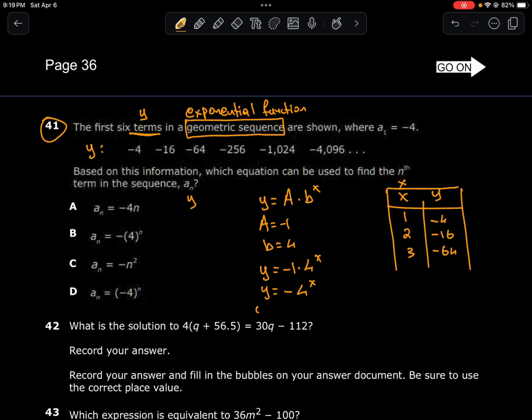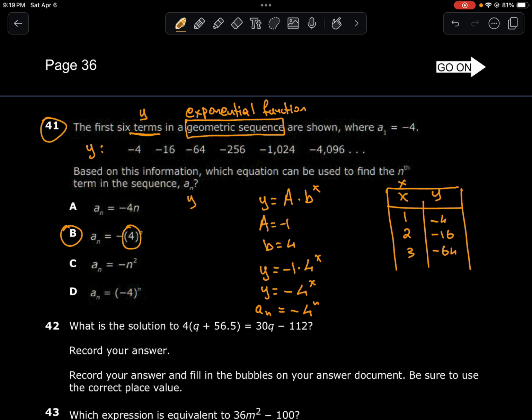This y is going to be the an, and this x is going to be the n. So which one do we get? It's the second one. Okay, the last one has the negative inside the parenthesis, so it's not the same as this one. It's very different.